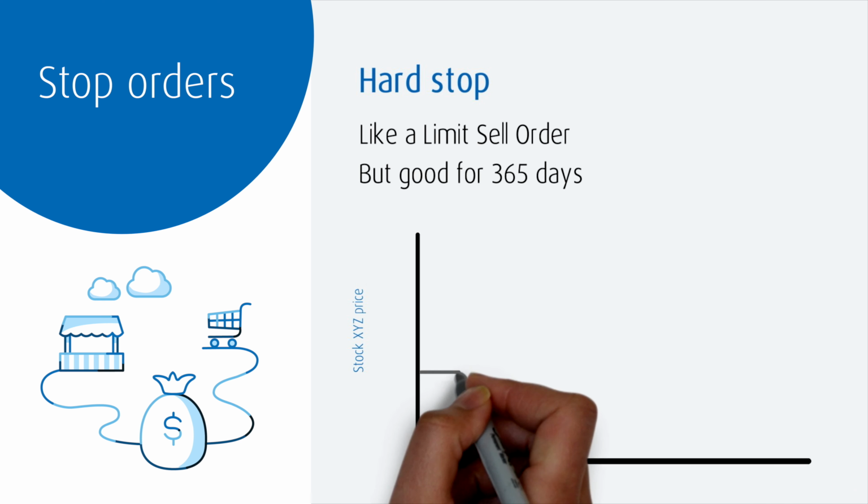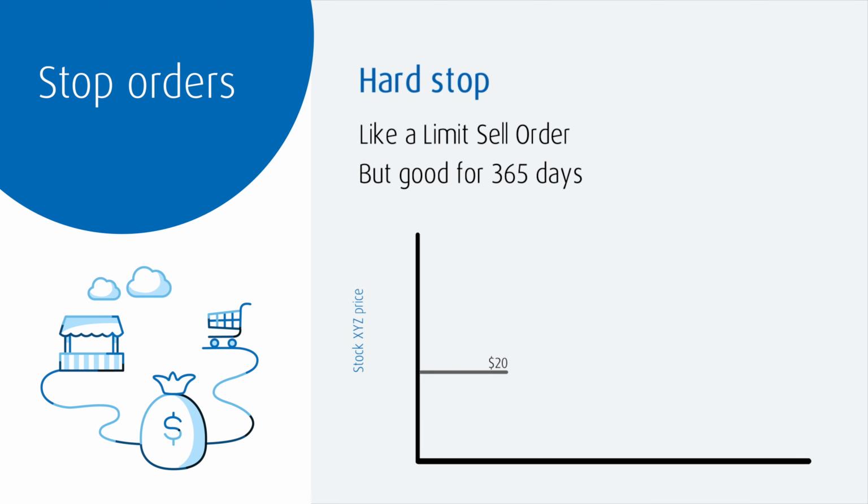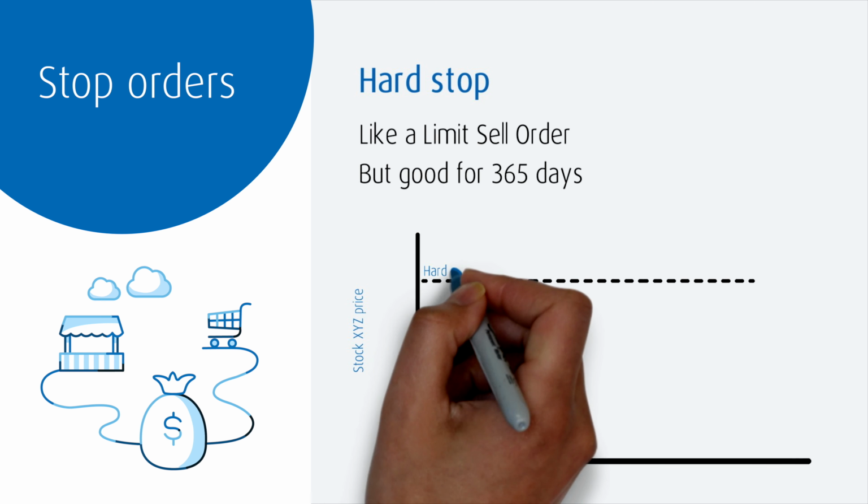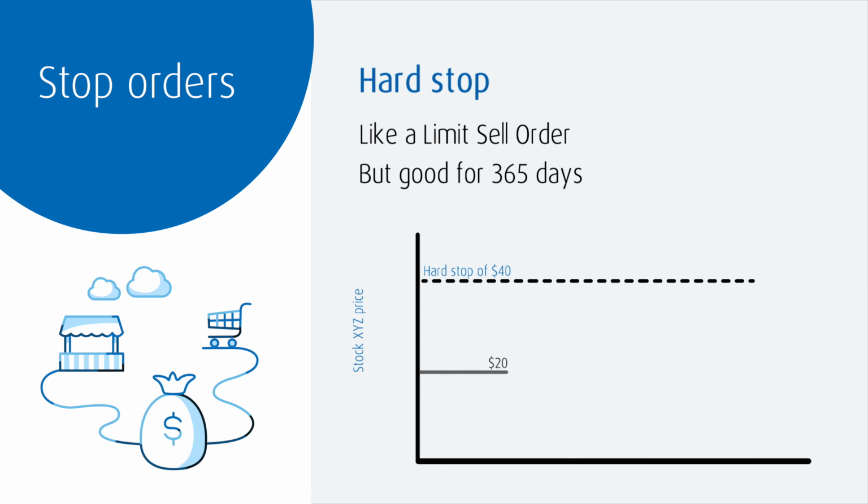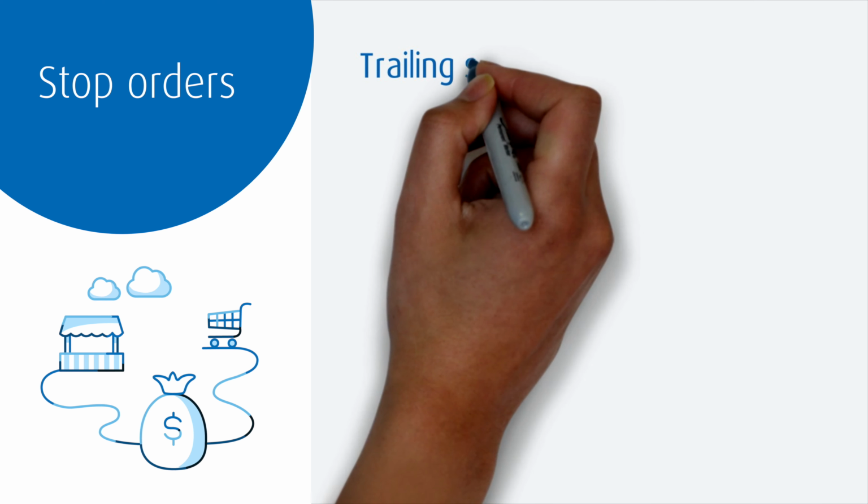If you own a stock that is currently trading at $20 per share, and you decide that you will sell it if it ever gets to, say, double that value to $40, or a 100% gain in the next 365 days, then you would place a hard stop order for the stock at $40. If the stock ever gets to $40 during this time and you have not canceled your hard stop order, it will get executed.